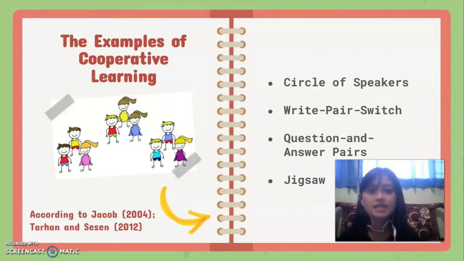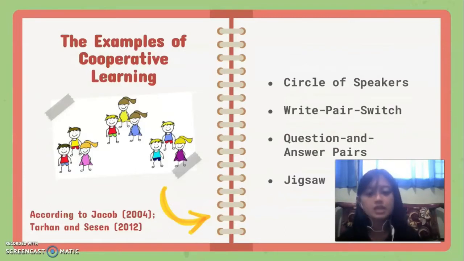And the last is jigsaw. According to Tarhan and Sensen in 2012, jigsaw is a technique that makes each student responsible for understanding the material that must be mastered, and then educating their group friends.